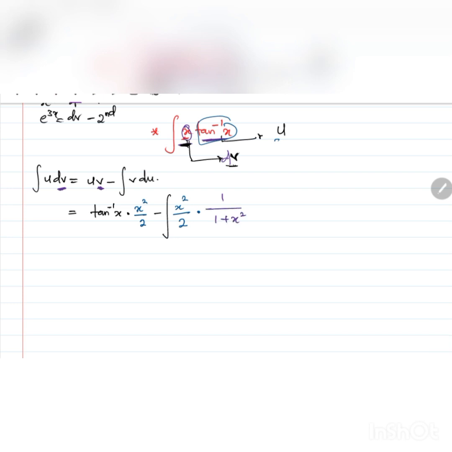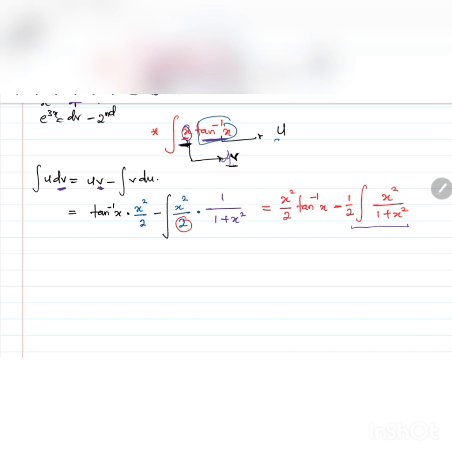Multiplying together, that's x squared over 2 arctan of x, minus, bringing the constant out, 1 over 2 the integral of x squared over 1 plus x squared. Now let's integrate this.